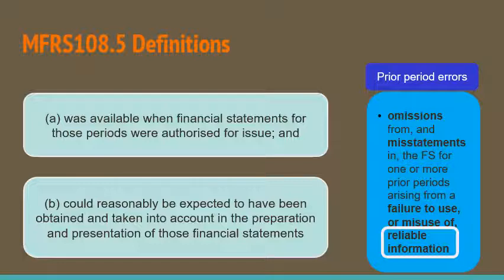Thus we are reasonably expected to obtain it and take it into account in the preparation of the financial statements for that financial year. If the information was not readily available to us, then we will not be expected to obtain it. Such errors include the effects of mathematical mistakes, mistakes in applying accounting policies, oversights or misinterpretations of facts, and also fraud.